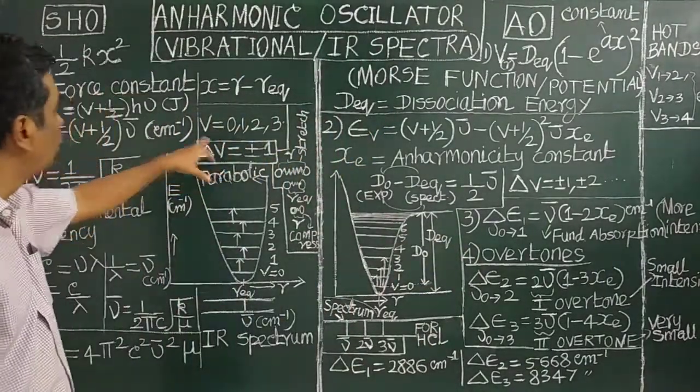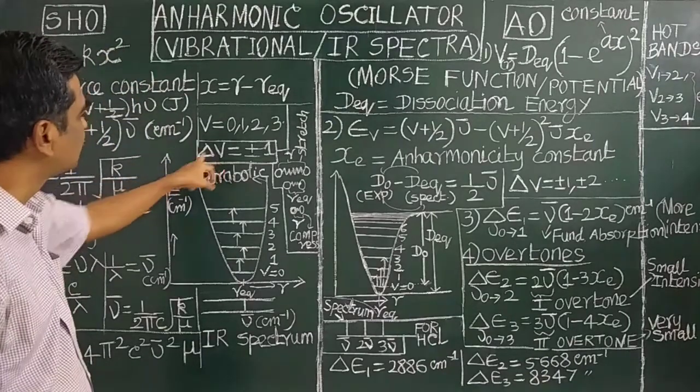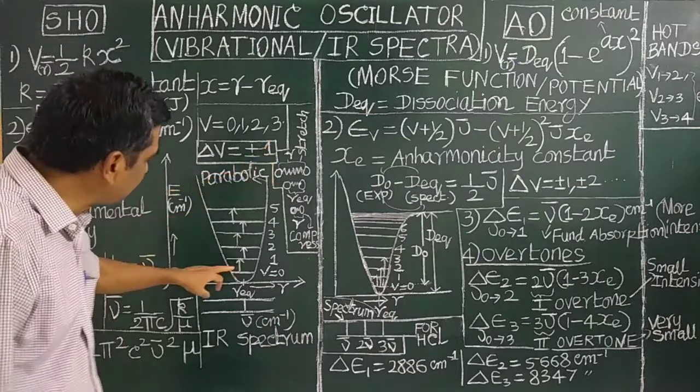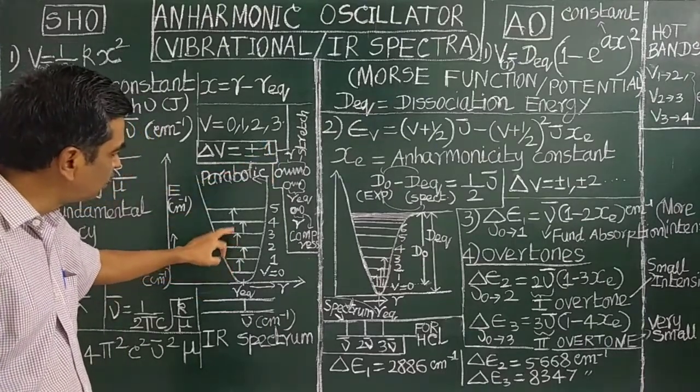Now, the selection rule obeyed by the simple harmonic oscillator is delta v equal to plus or minus 1, therefore 0 to 1, 1 to 2, 2 to 3.